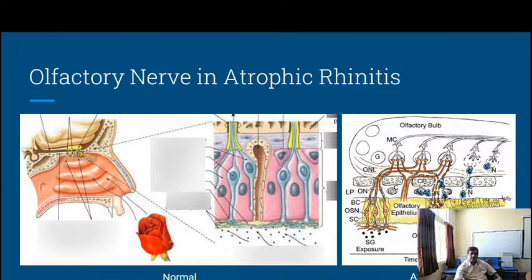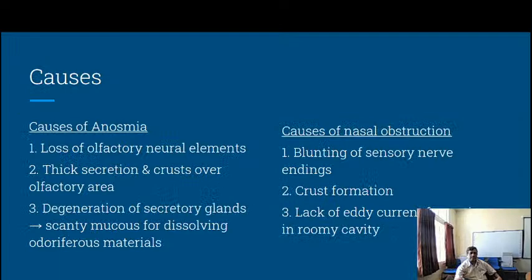So these are the various causes for the anosmia. The olfactory neural elements are destroyed, thick secretion crusts over the olfactory area, and there is degeneration of the secretory glands. Those are the various causes for anosmia.